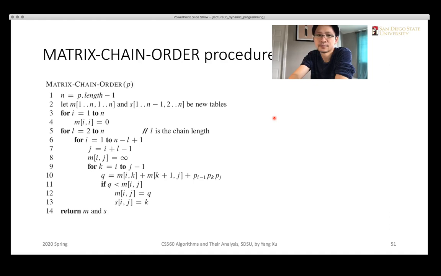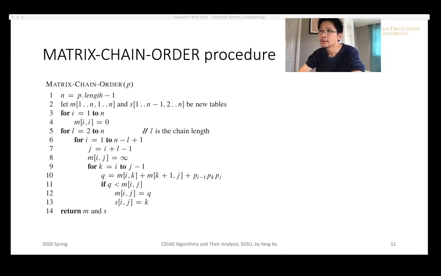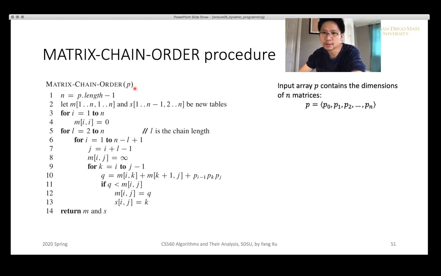Okay, so let's look at the pseudocode of this matrix chain procedure. When we look at this procedure, the matrix chain order procedure takes an array p as input. This p array stores all the dimension information for the n matrices.